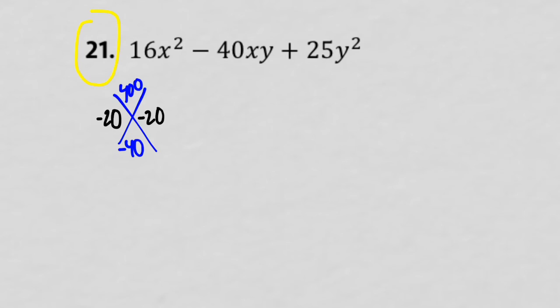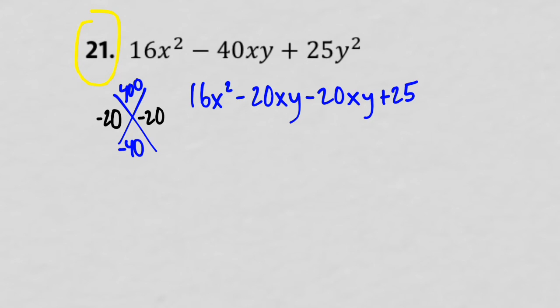And now you follow the exact same pattern we've been using. 16x squared is the first term, minus 20xy, right? Because the middle term is xy, it's not just x. Minus 20xy again, plus 25y squared, which is the last term, stays the same.